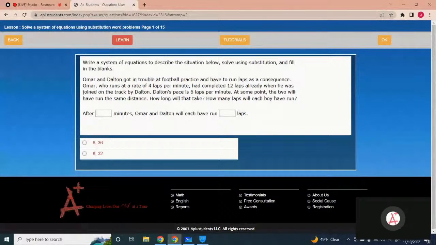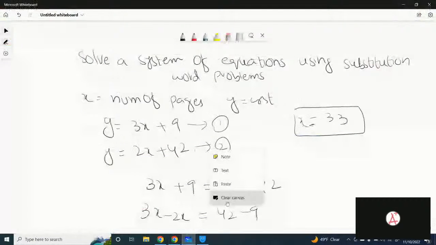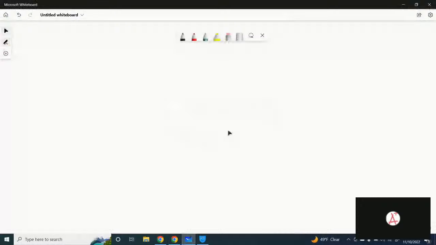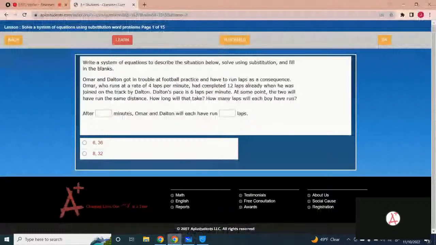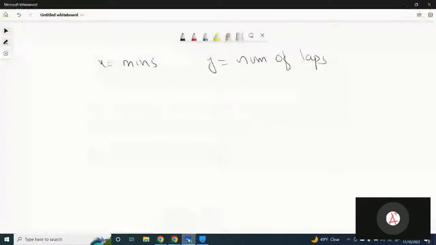Okay, let's suppose x is the time in minutes and y is the number of laps. So equation number one is 4 per minute and 20 laps, so it would be y equals 4x plus 20.